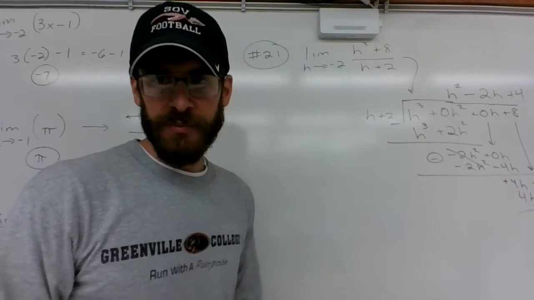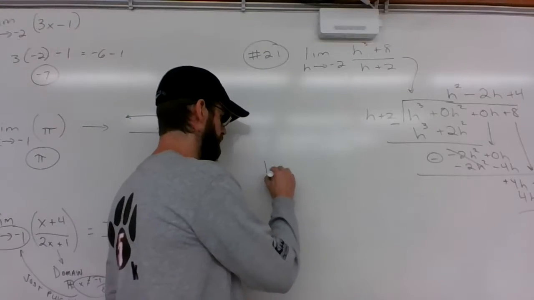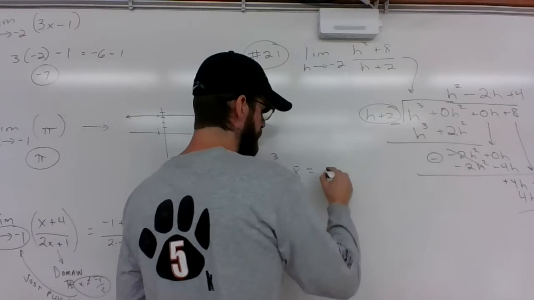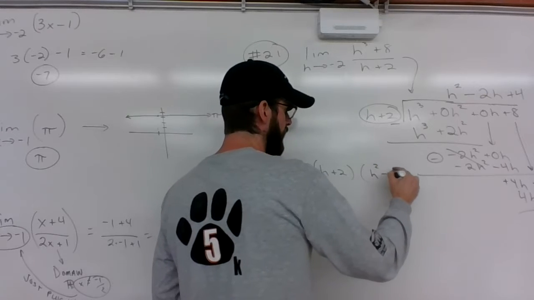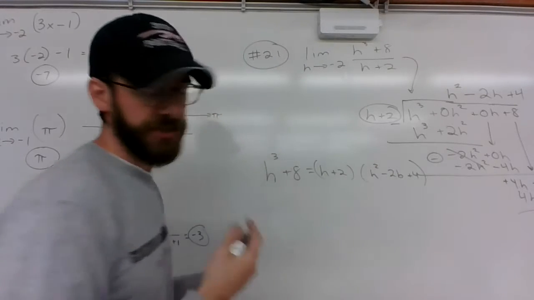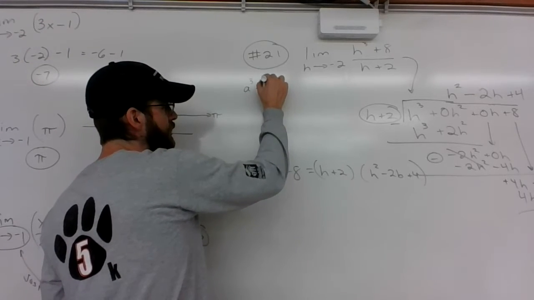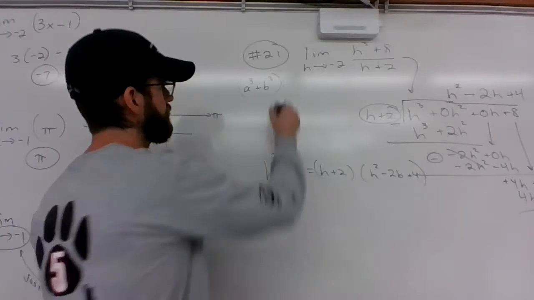So what we did there was we just factored the polynomial h cubed plus 8. It's the factor h plus 2 times h squared minus 2h plus 4, which, incidentally, if you've got a cubed plus b cubed, mirrors the formula.